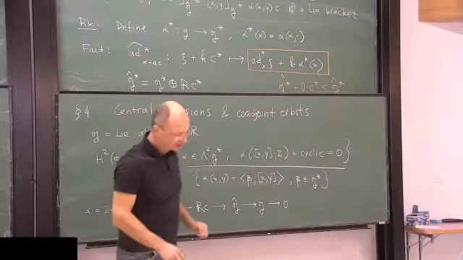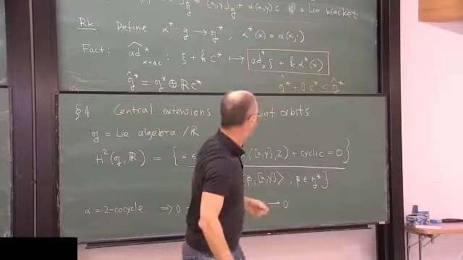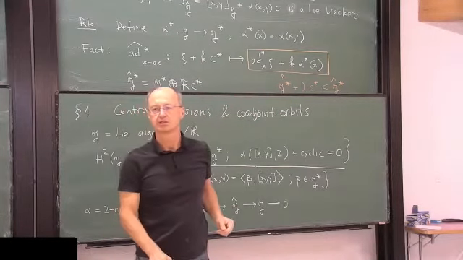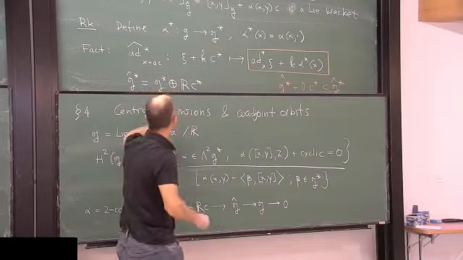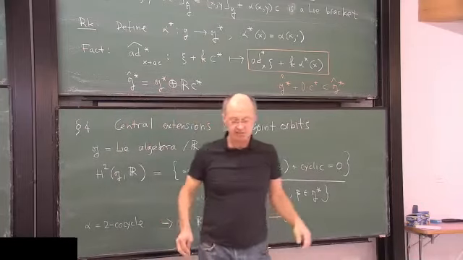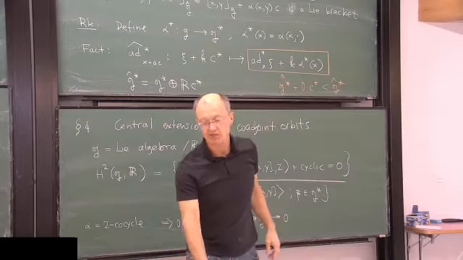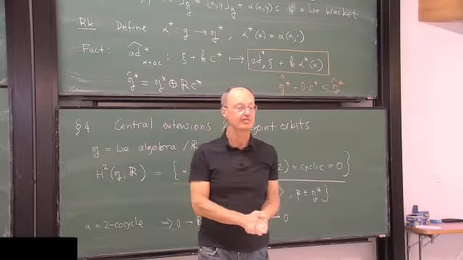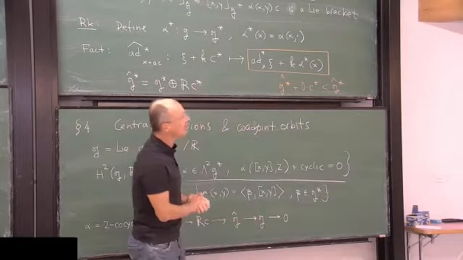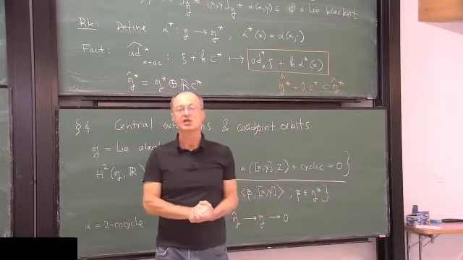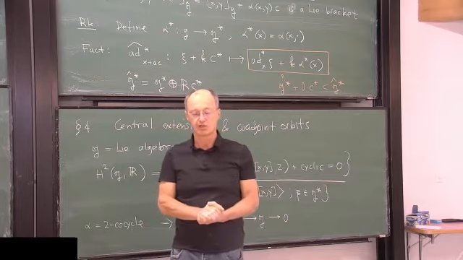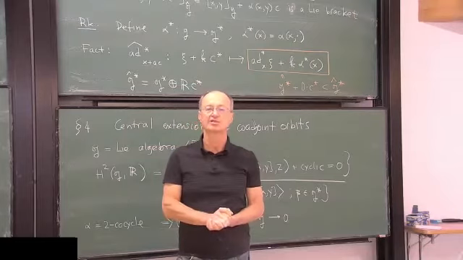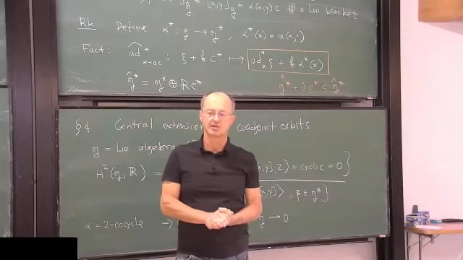Now I would like to lift this story to the group level. As I say, this is in some way a bad notation, and maybe your question reflects this fact. I have now two Lie algebras in the game. One of them is G, another one is G hat. So I would like to distinguish objects related to G and to G hat.